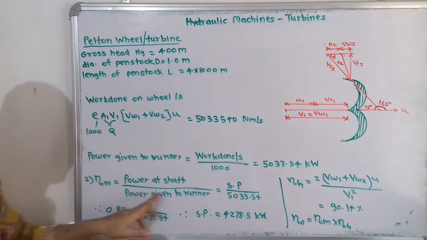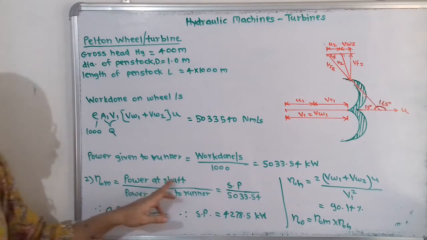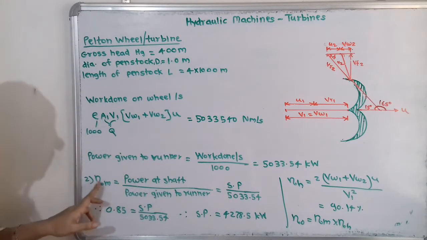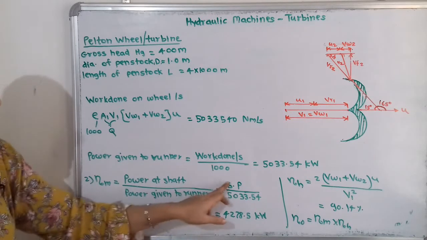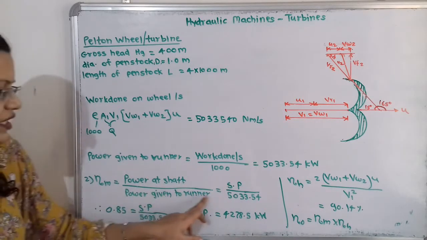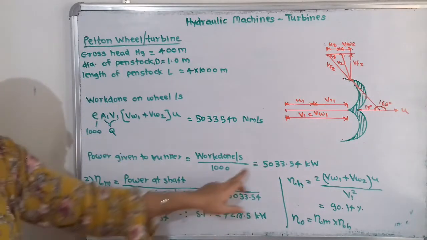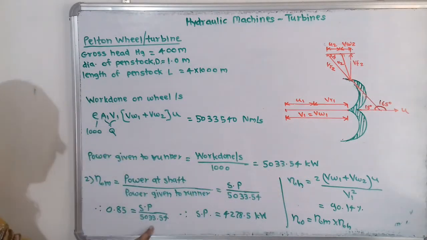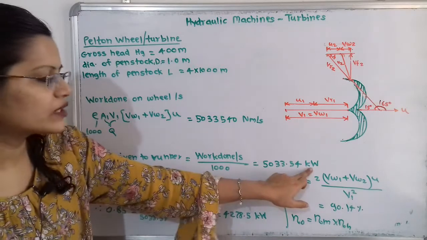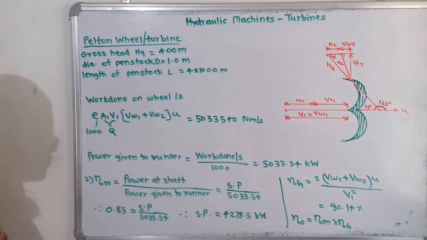Input is the power given to the runner and output is the power at the shaft. Here eta m is 0.85, shaft power is the unknown term, and the power given to the runner is in kilowatt. Since efficiency has no unit, the shaft power we give also in kilowatt.